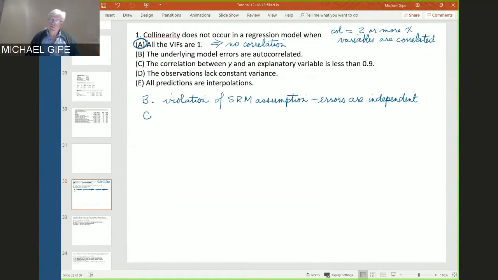How about the correlation between y and an explanatory variable is less than 0.9? Well, remember that the correlation between x and y is the basis for a model. It's necessary for a model.